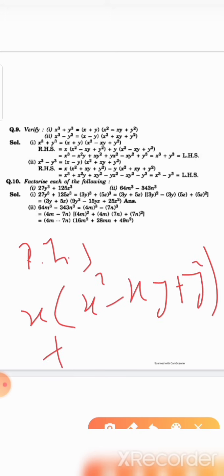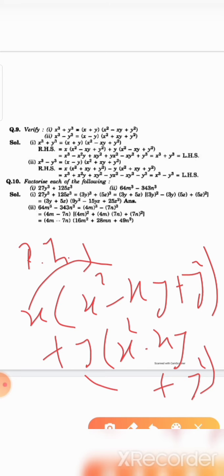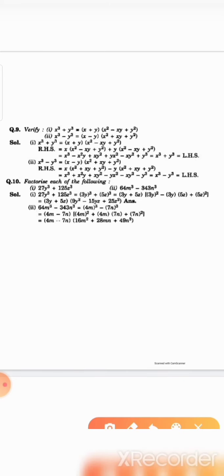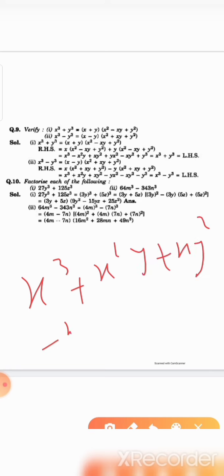So again we use the RHS; write the RHS term. Again we use bracket multiplication. First we multiply x by the second bracket, and then plus y multiplied by the second bracket. Again multiply x by all terms and y by all terms. We get this step: x cube plus x square y plus xy square minus yx square minus xy square minus y cube.